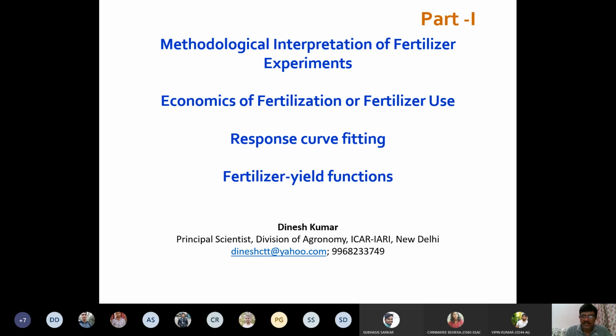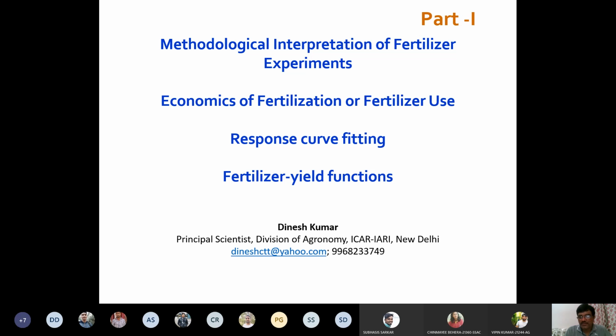You have different fertilizer levels and you will get the respective yield from each. Some cost will be common to all the treatments, which is known as the cost of cultivation. Suppose it is 30,000 rupees per hectare for each treatment. This is a common cost applicable to all the treatments.